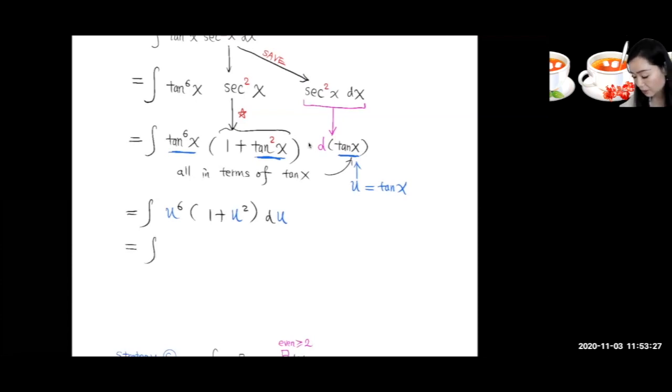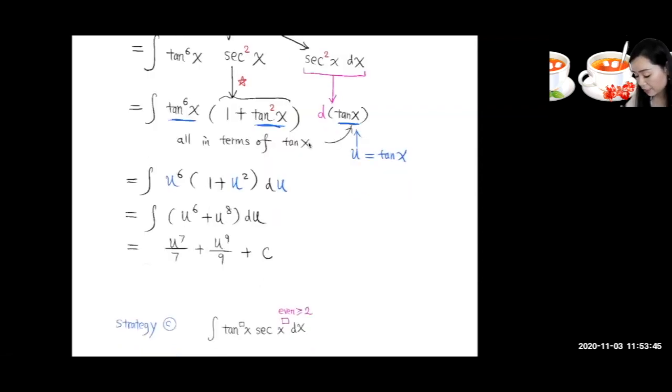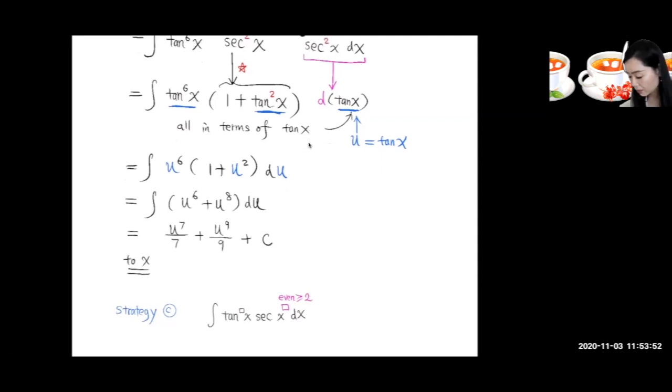This becomes u to the 6th plus u to the 8th, and then du. So that will be u to the 7 over 7, plus u to the 9 over 9, and then adding c. Finally, we want to return back to x. So what is u? Tangent of x, right?